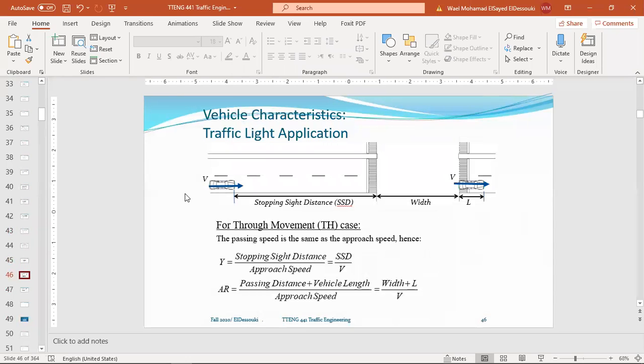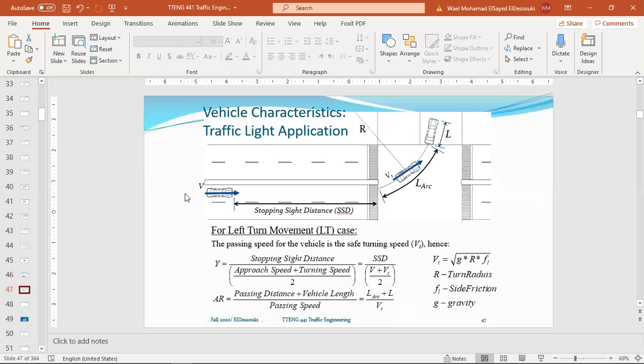For a through movement, the passing speed is basically the approach speed. So the all red time is the passing distance, which is the road width, plus the vehicle length divided by the approach speed.